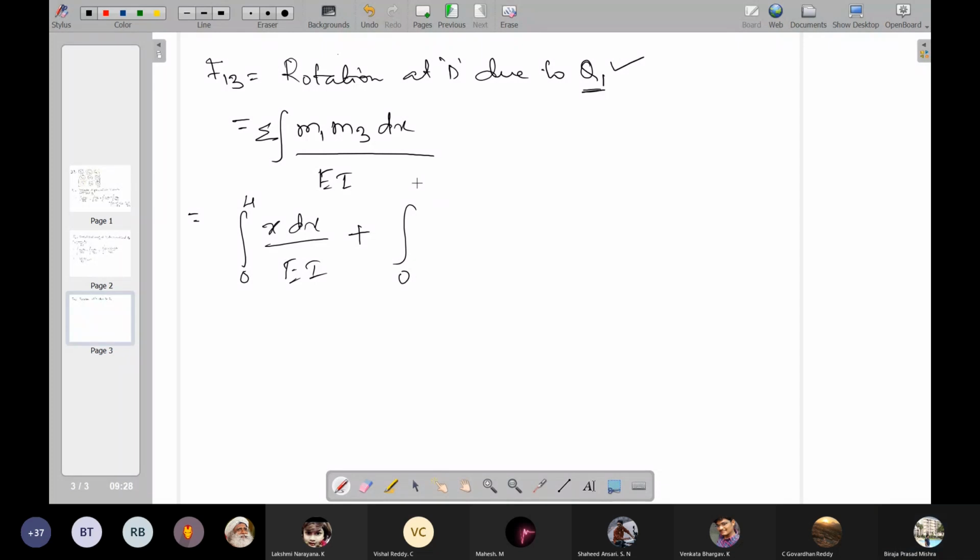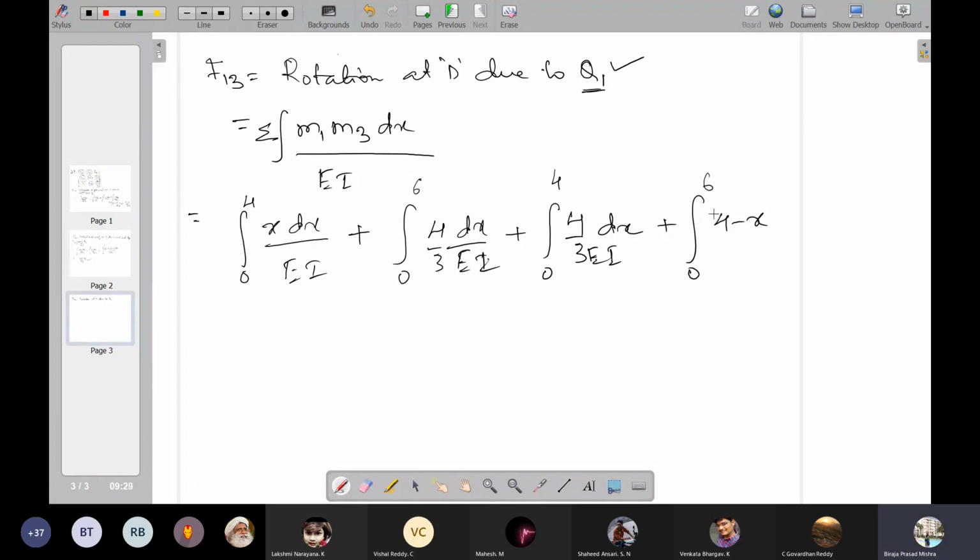So that is equal to integration 0 to 4 x into dx divided by EI plus integration 0 to 6, 4 by 3 dx by EI, then plus integration 0 to 4, 1 by 3EI into dx, plus integration 0 to 6, 4 minus x dx divided by 2EI.